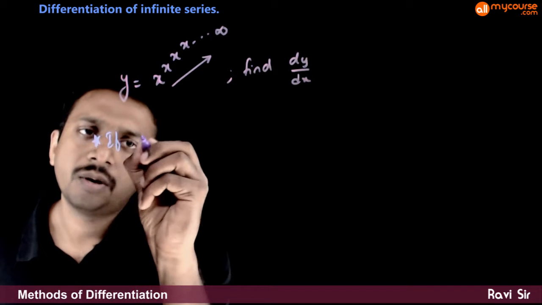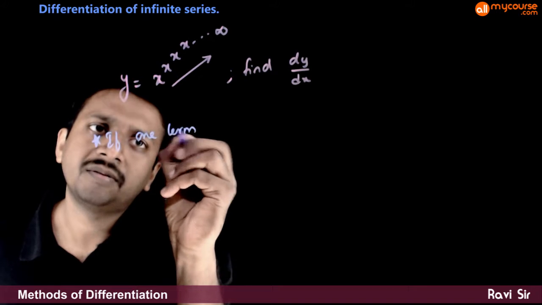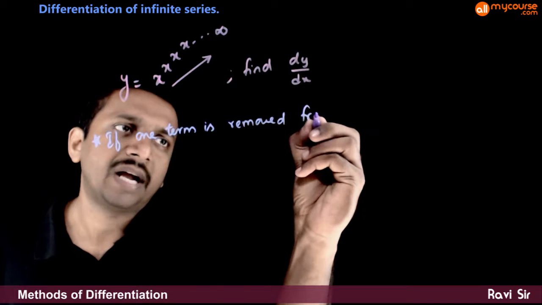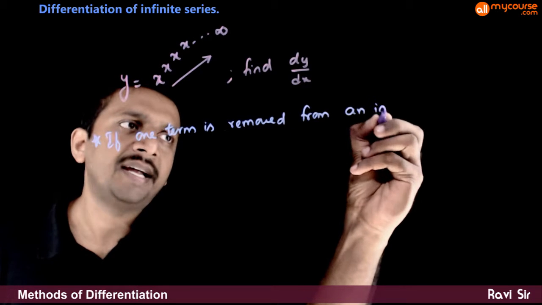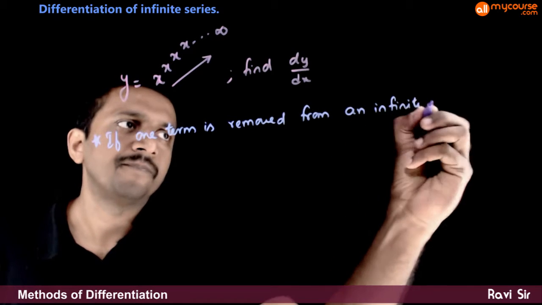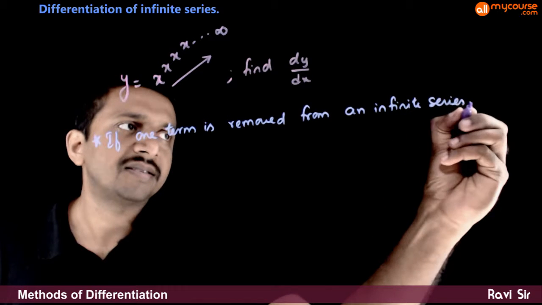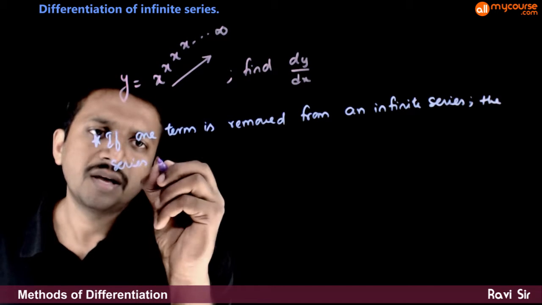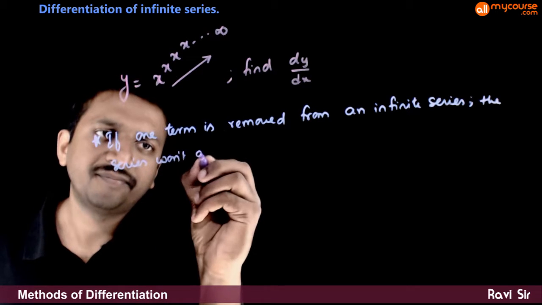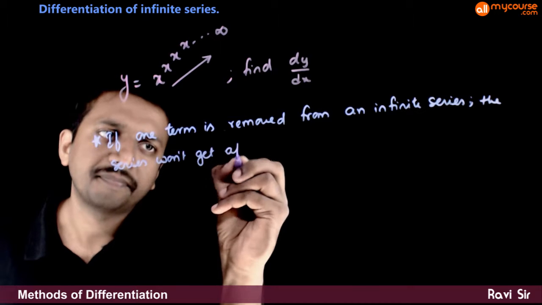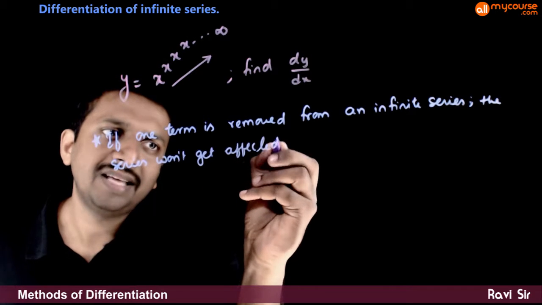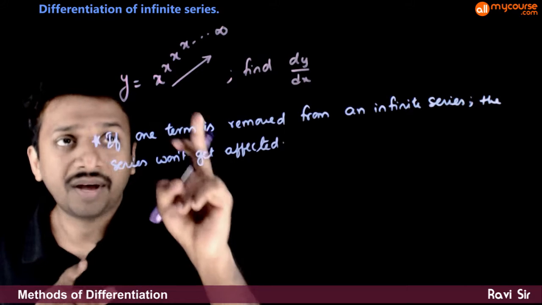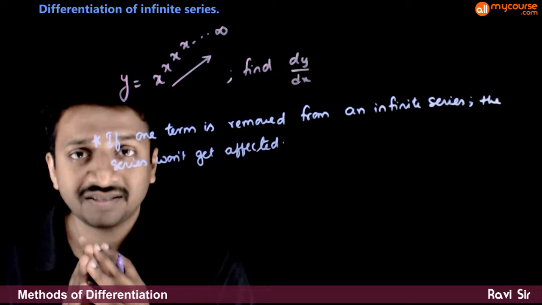So if one term is removed from an infinite series, the series won't get affected. So this is something that we are going to use when we solve infinite series.